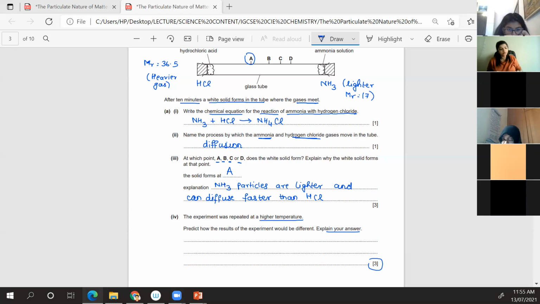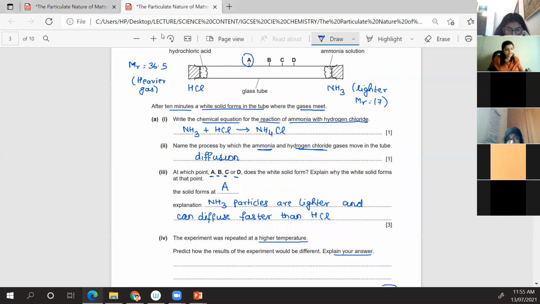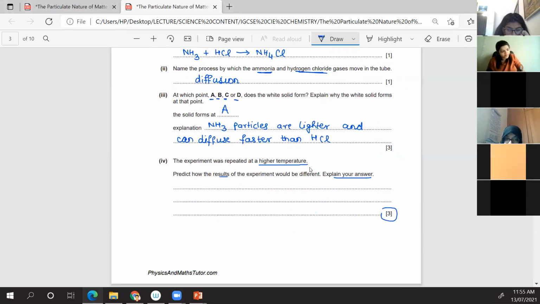The experiment was repeated at high temperature, and the question asks to predict how the results of the experiment would be different. So number one, the result of the experiment would be different in that the white solid NH4Cl will form faster.